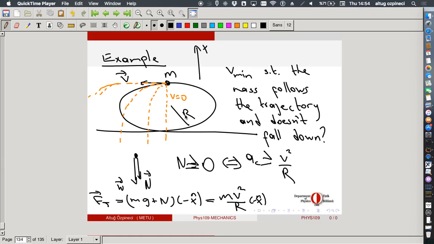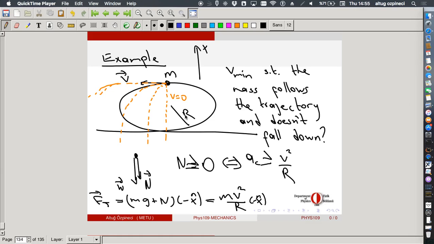It will go too far. So what I have to do is somehow change its direction faster than the gravity would change it. That means I have to exert an additional force pushing it downward so that it will follow this small circle. Rather than flying away like that, it will just go down almost immediately.